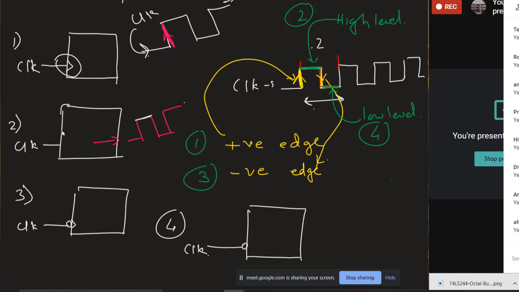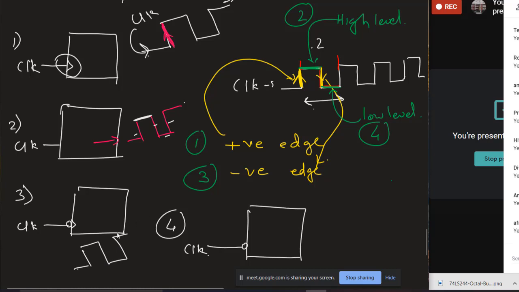In this case, this is negative edge. Negative edge में क्या होगा? Output will change according to the input combination only when the lowering edge is there, and that means this part. सिर्फ जब हाई से लो ट्रांजिशन होगा आउटपुट ये क्लॉक सर्किट पे, इस इनपुट पे, उसी वक्त आपका आउटपुट चेंज होगा अकॉर्डिंग टू द इनपुट कॉम्बिनेशन.